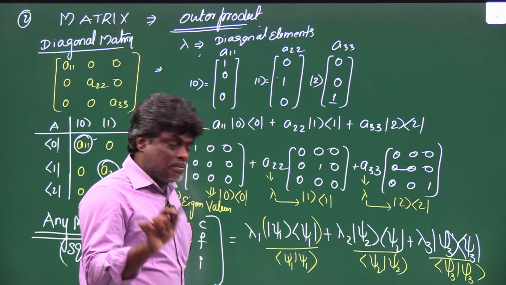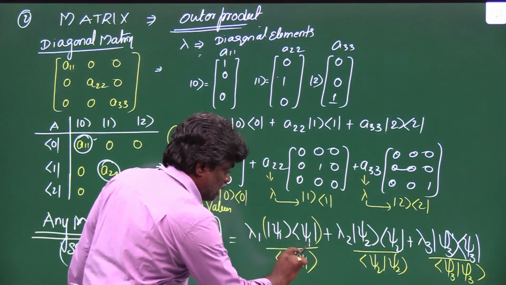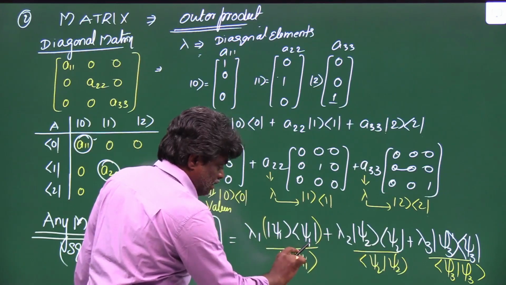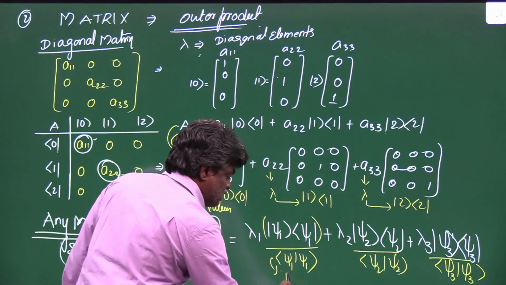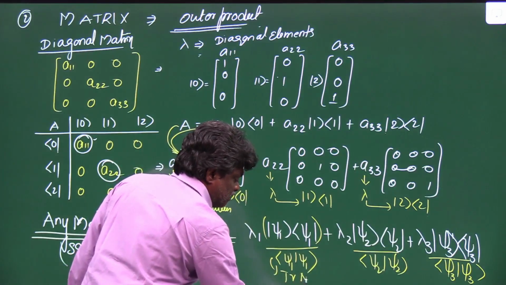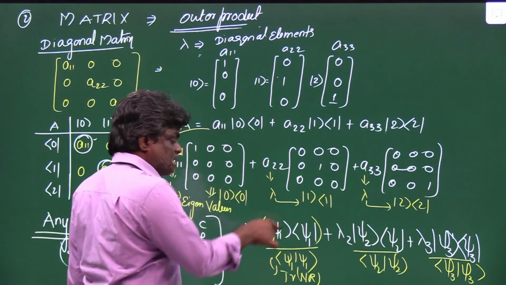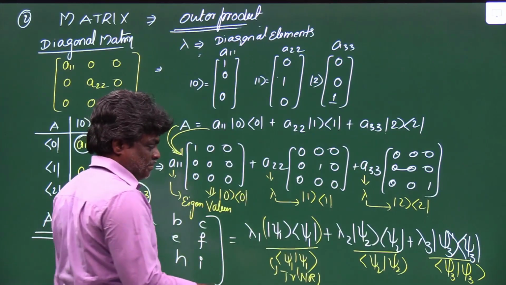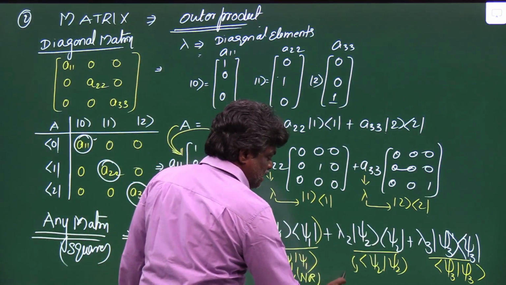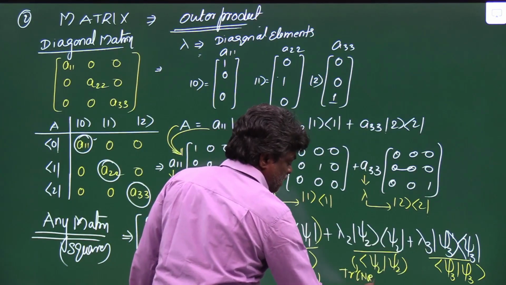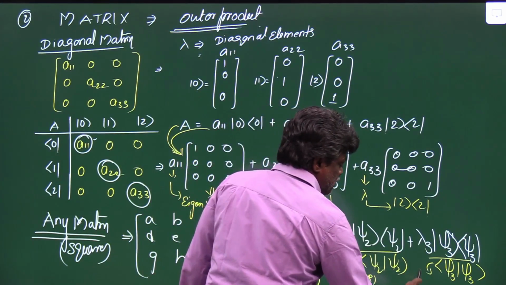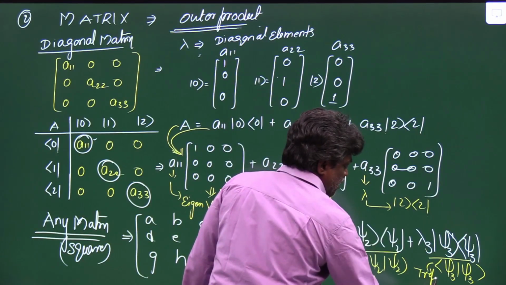Inner product is nothing but the trace of this outer product, right? That's why no need to write this. Simply we can say this is the trace of numerator. Because already we are writing the numerator. You understand this point, sir? This is nothing but trace of numerator.